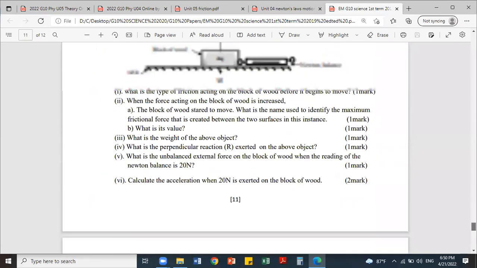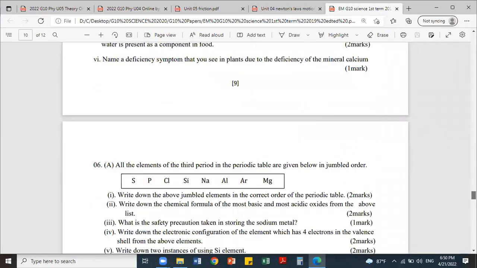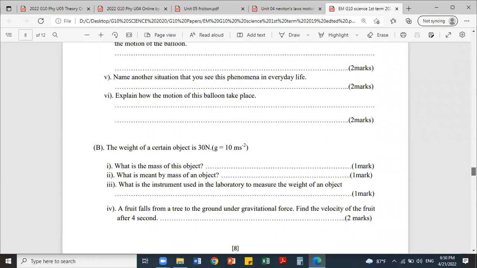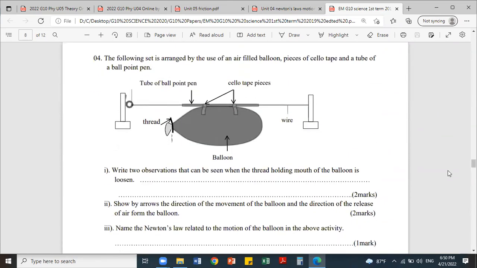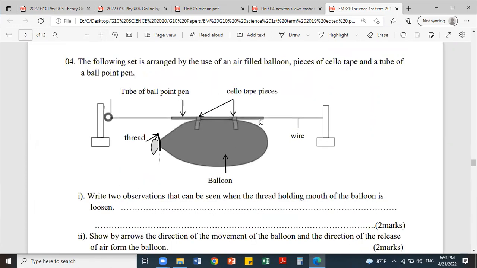You can see the question they have asked here, structured essay question number 4, as I remember. Can you see the screen here? This is the Western Province paper question, the one that I explained now. So this is from Newton's third law.